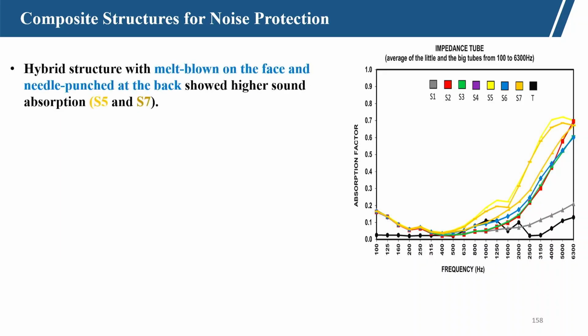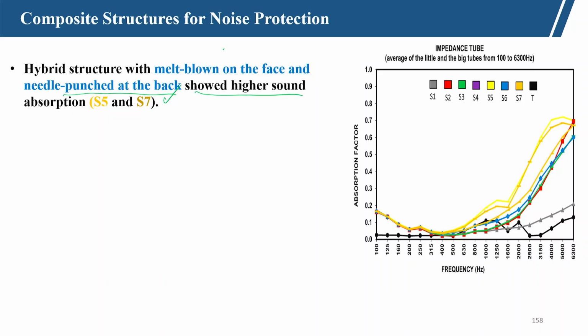The hybrid structure with melt blown on the face and needle punch at the back showed higher sound absorption. So, melt blown at the face and needle punch at the back showed very high sound absorption.